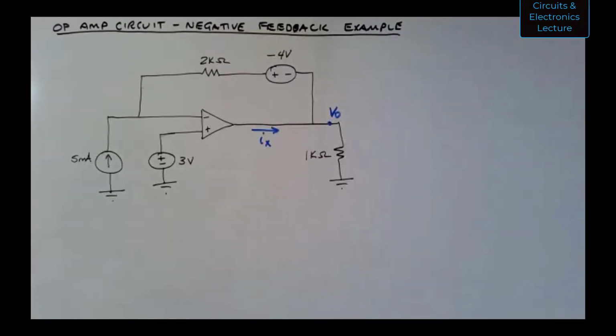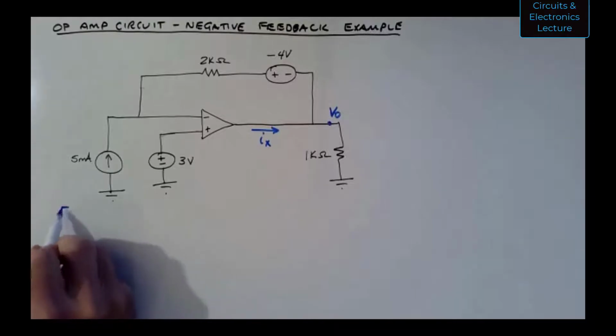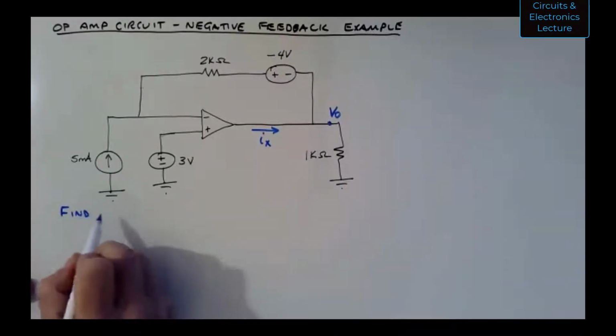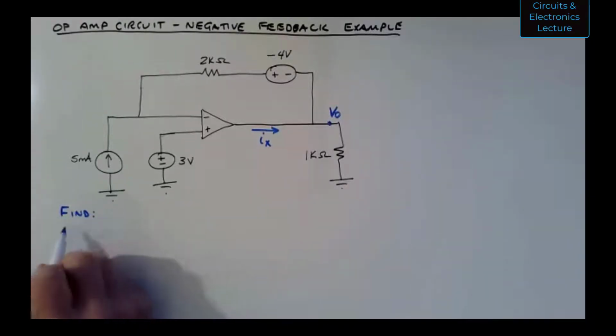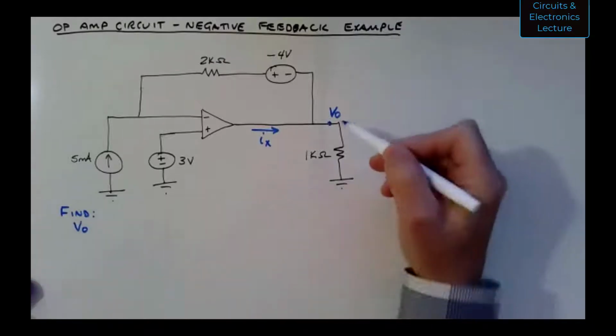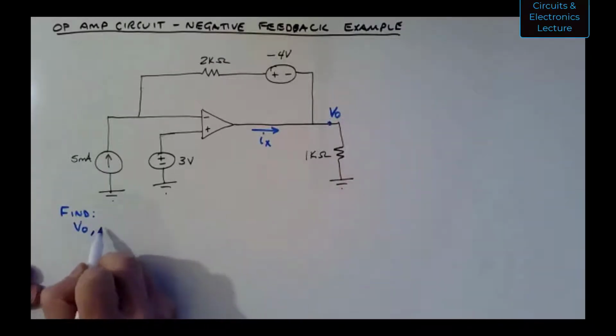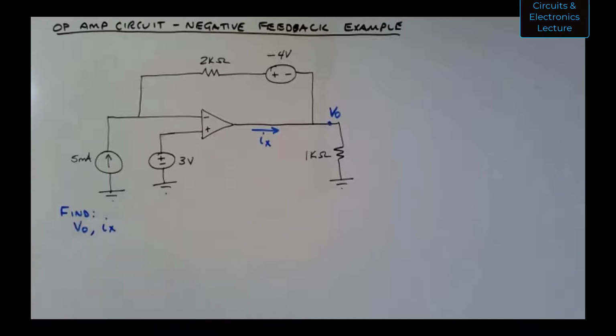Okay, so something like this, and we want to find VO, the output voltage, and IX.